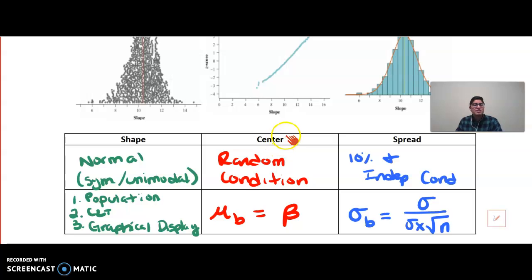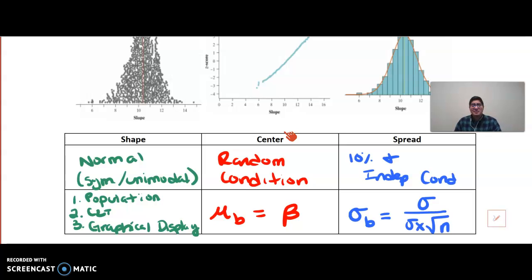The center is satisfied through our random condition, whether we've taken random samples or used random assignment in a completely randomized experiment or some type of experiment. If we are truly randomly selecting, then the mean of our sampling distribution for the slope should closely approach beta, which is the population slope.